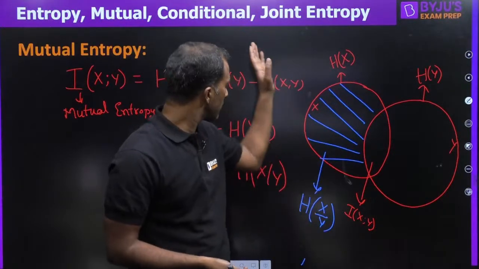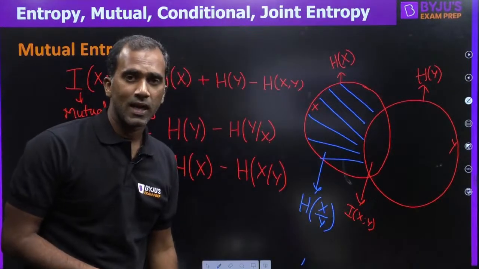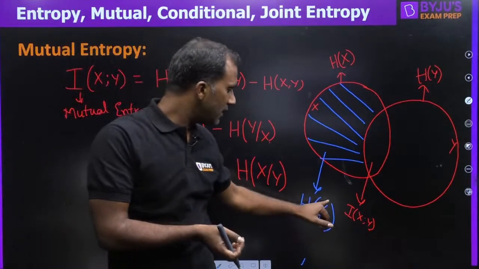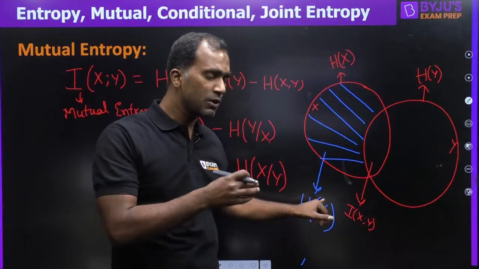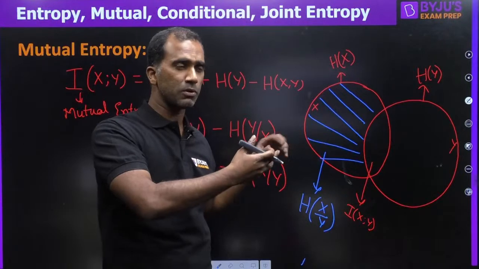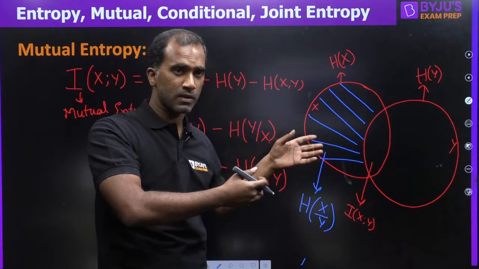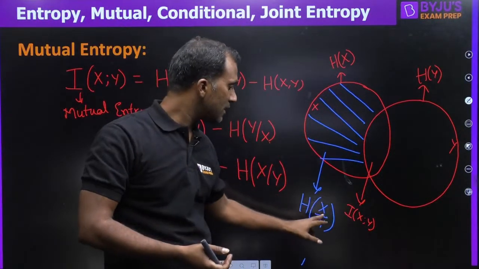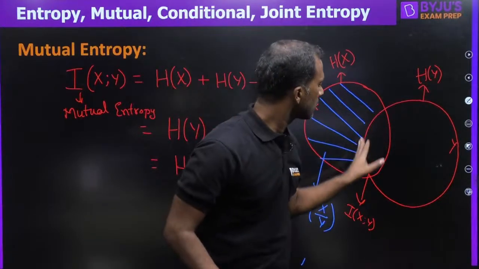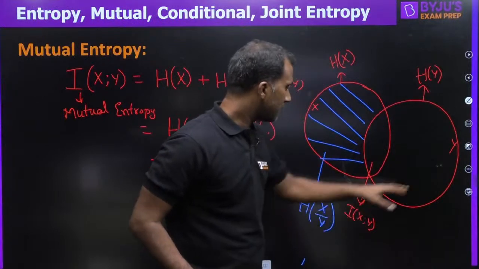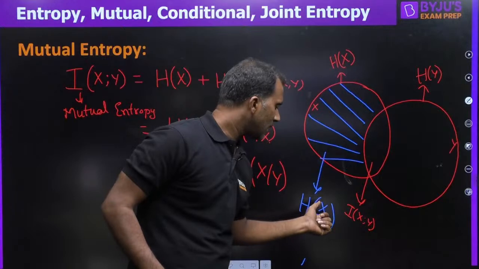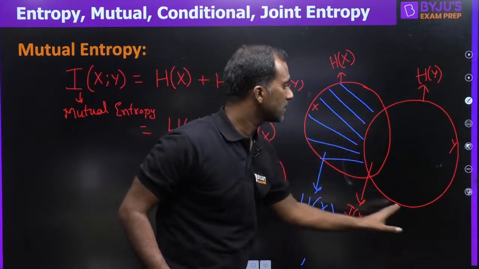So if you are seeing the outputs, and you know some information that is common with the input, and you are trying to find the information in the input given that you know what has happened at the output, which means once you know the output, you know the information in the output. So what is the information that is there in the input after knowing the output? After knowing the output, you know this total information. What is the information in x after you know that y has happened?